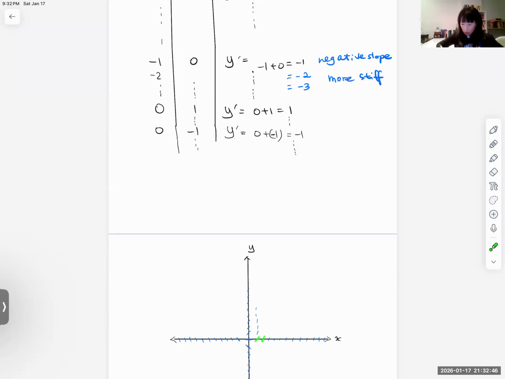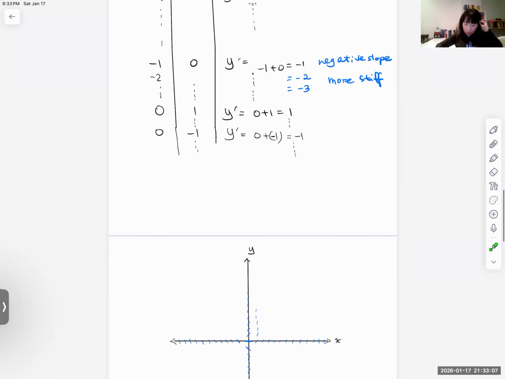Then 1, 2, 3, more stiff, more stiff, more stiff, like that. Here, negative slope, but more stiff, more stiff, more stiff, in the negative way. Make sense to you?